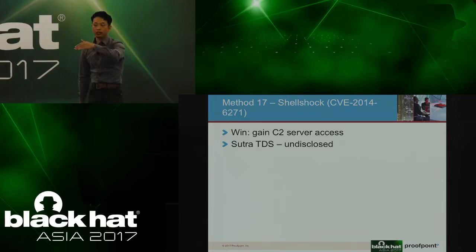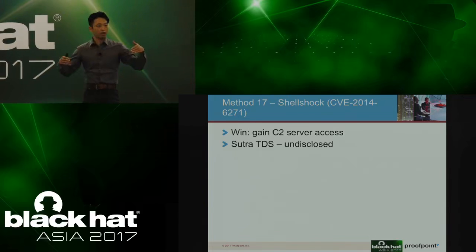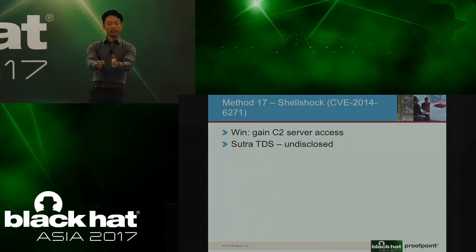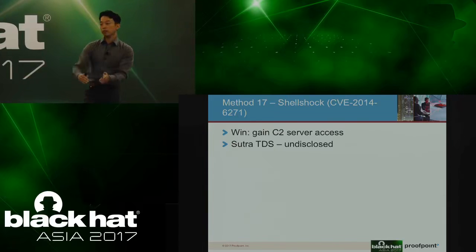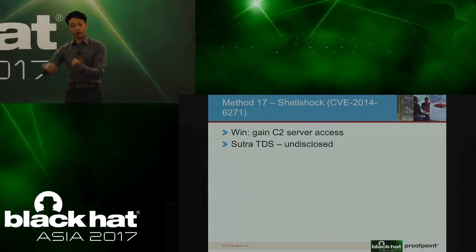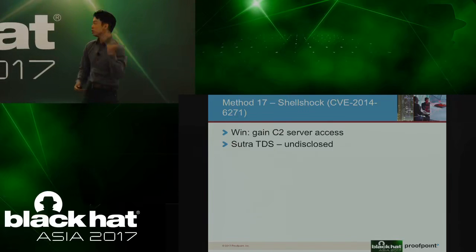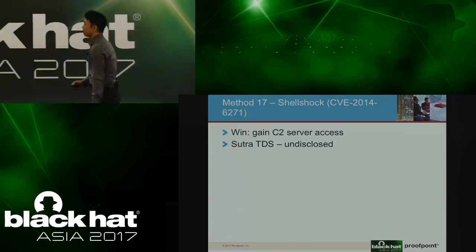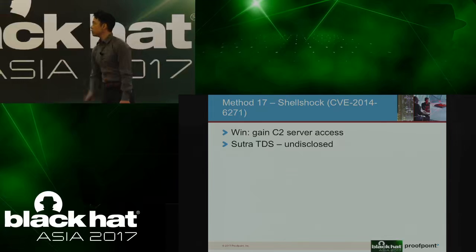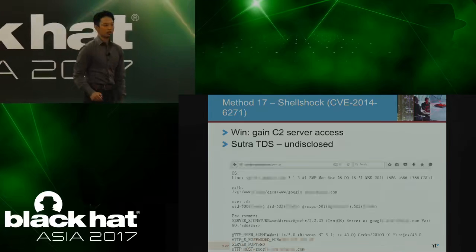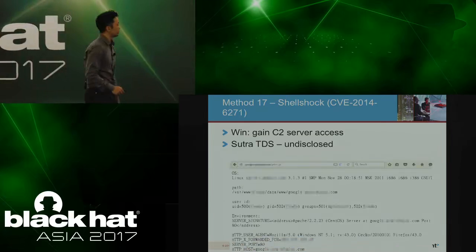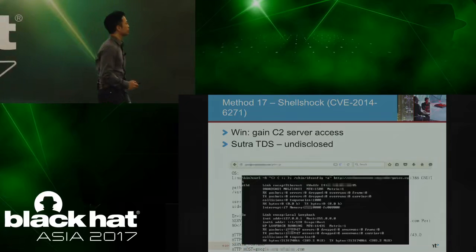So they use TDSs to only allow naive traffic to access their malware and attempt to block all access by security vendors, search engines, robots, and things like that. Sutra TDS was vulnerable to Shellshock. So whichever actor was using TDS, we got a shell.